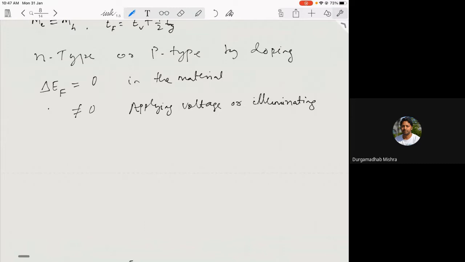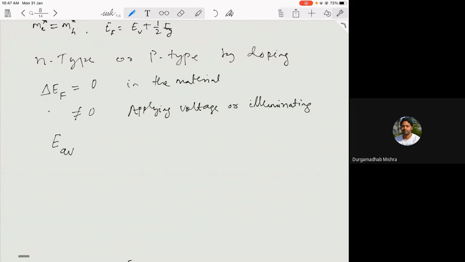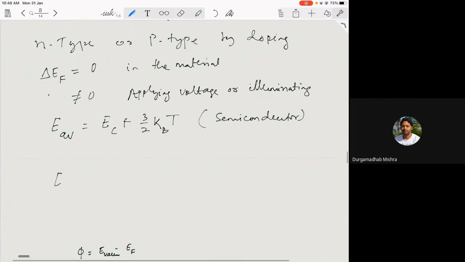This is similar to a potential energy: the potential energy would be the same everywhere unless you are applying an electric field. And the average energy of electrons in the conduction band, in the case of a semiconductor, will be 3/2 kBT, because it follows from the Maxwell-Boltzmann distribution.